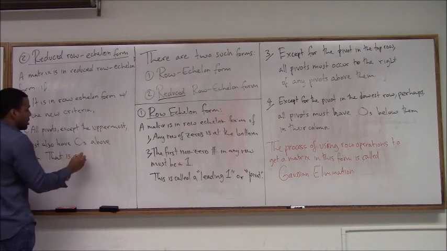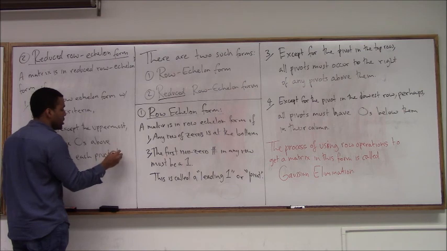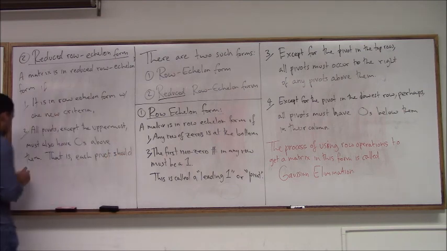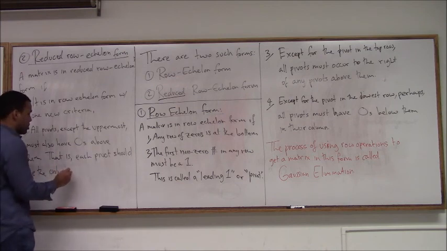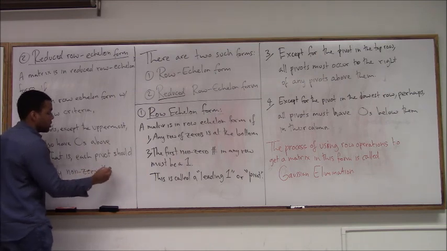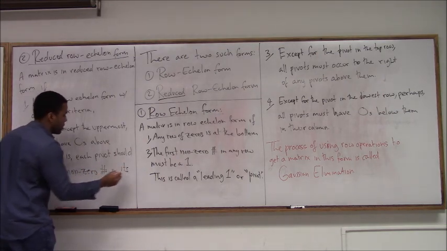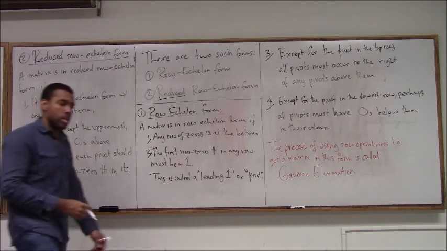That is, each pivot should be the only non-zero number in its column. So if a pivot appears in some column, it needs to be the only non-zero number in that column.